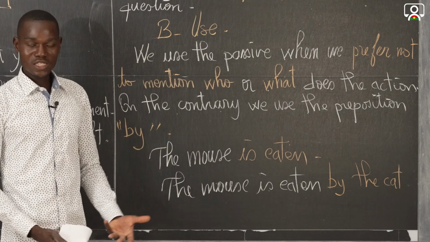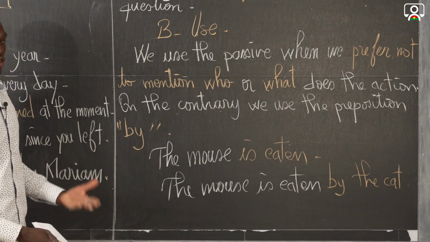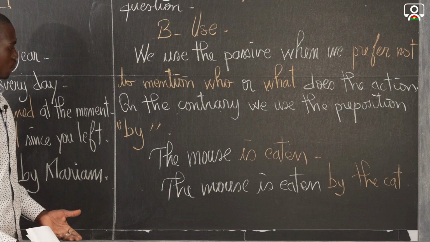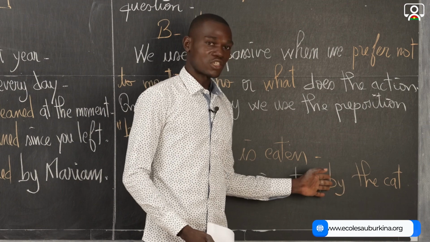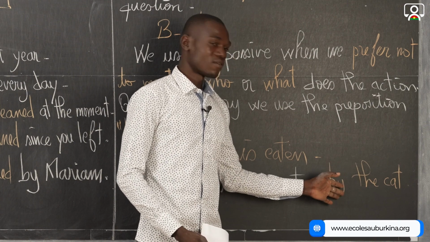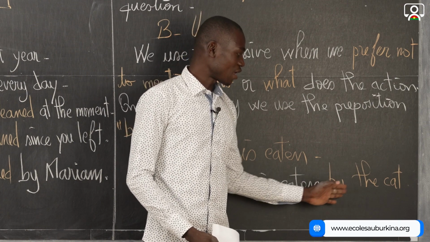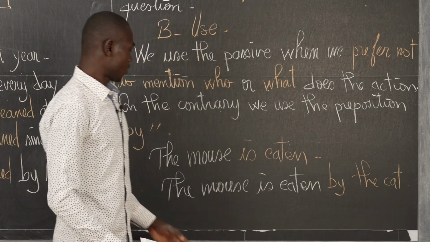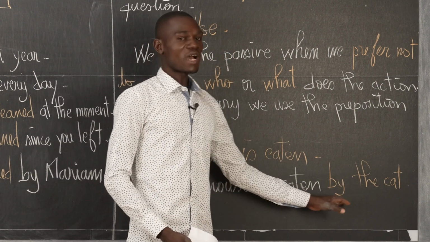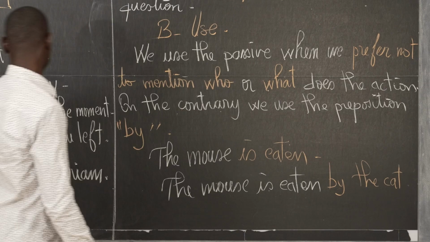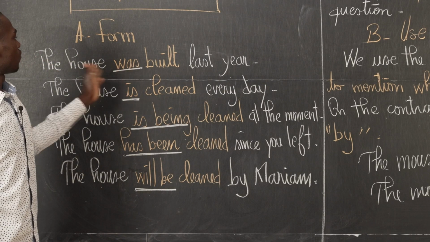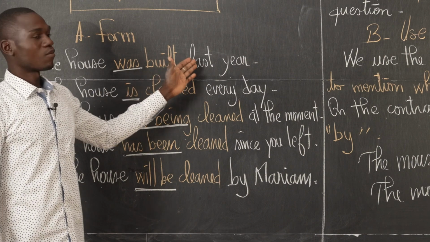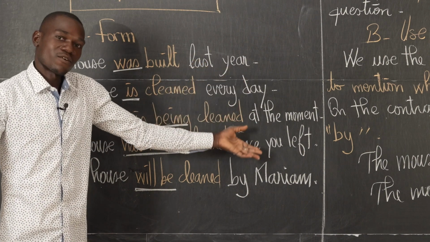But in case you want to mention who or what does the action, you have the obligation to use the preposition by. By, okay? By the cat. The mouse is eaten by the cat. Good. Here you could say the house was built by Musa last year.